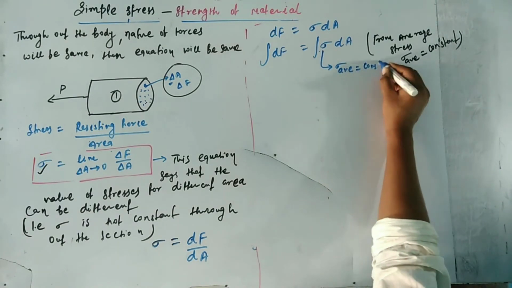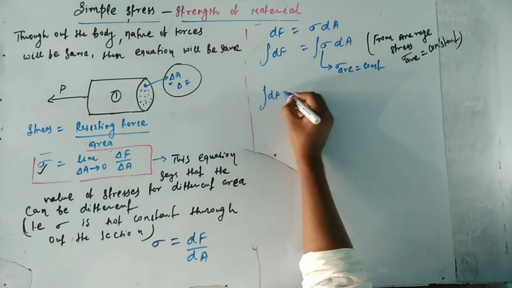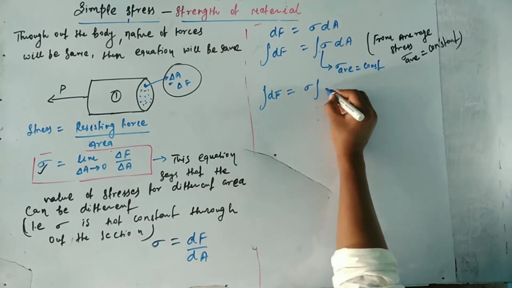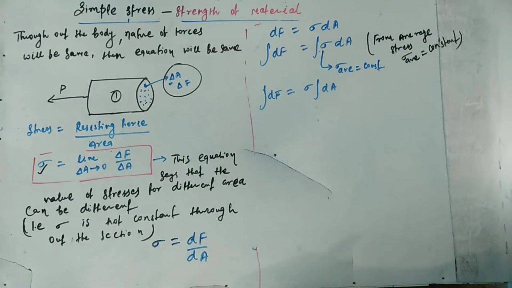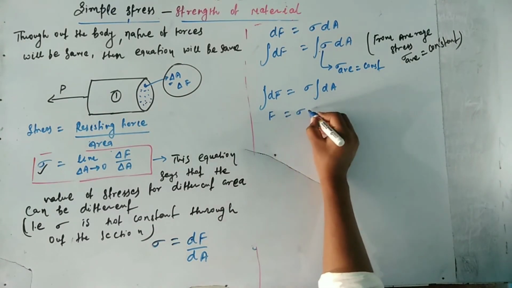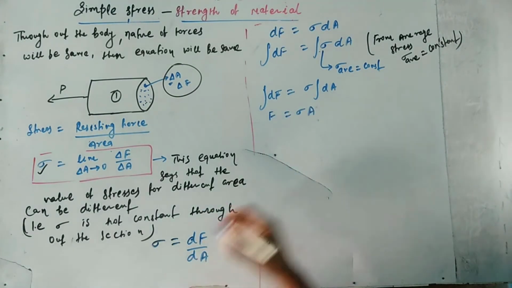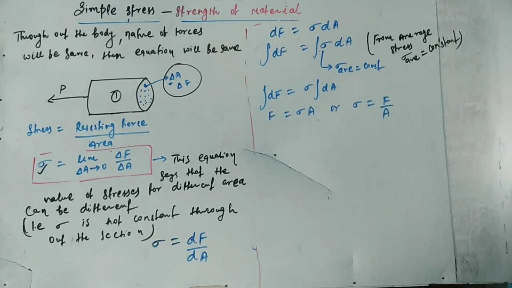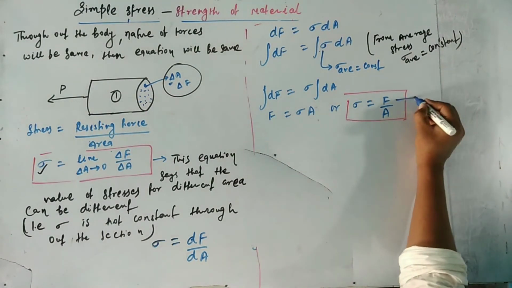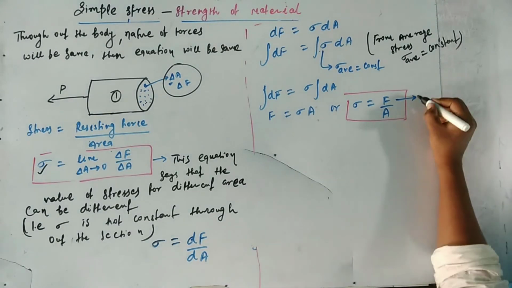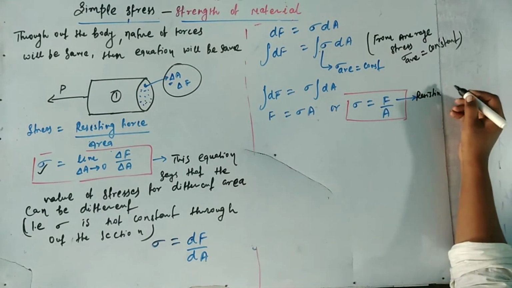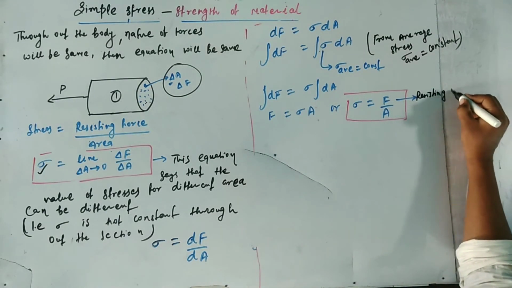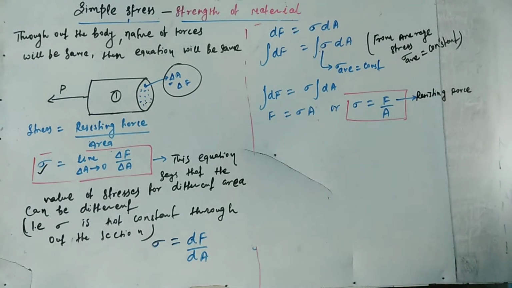Integration of dF is equal to sigma times integration of dA. So F is equal to sigma into A. Therefore sigma is equal to F by A, that is resisting force per unit area. Here F is the resisting force.